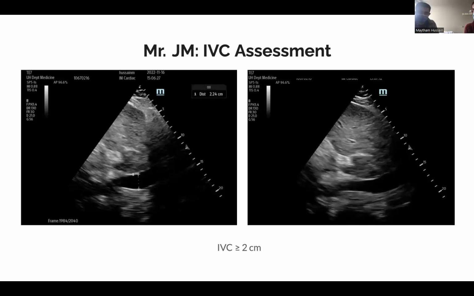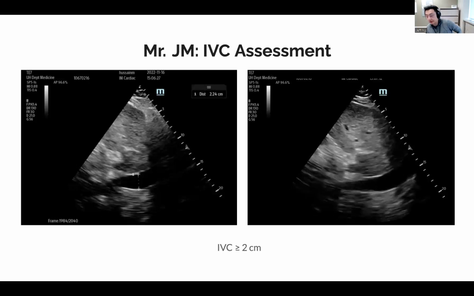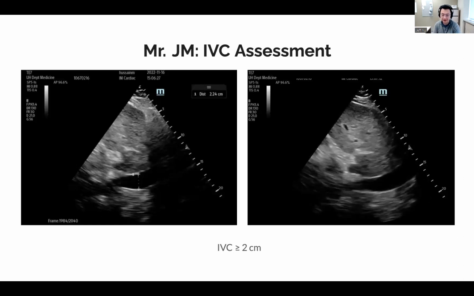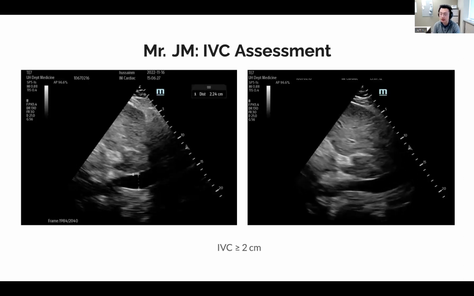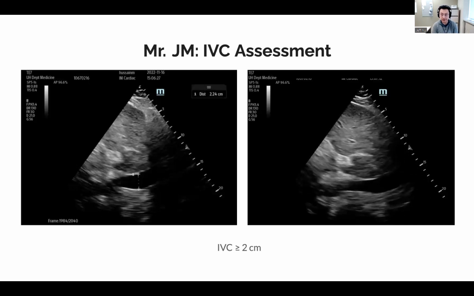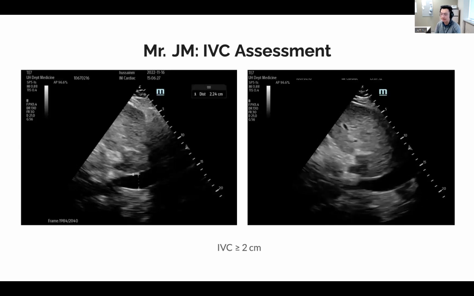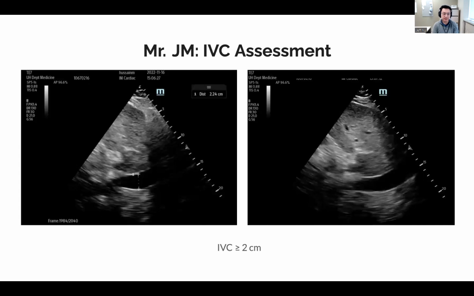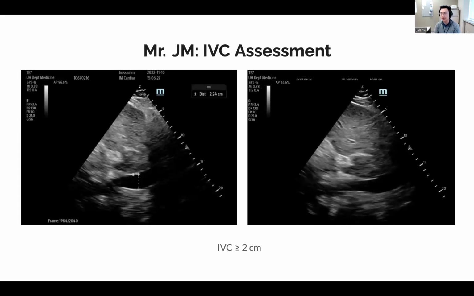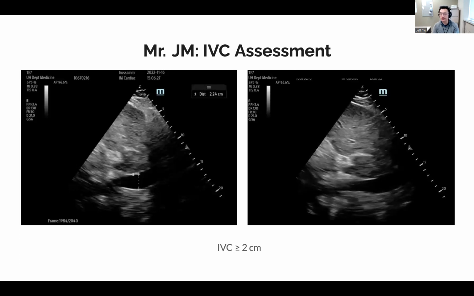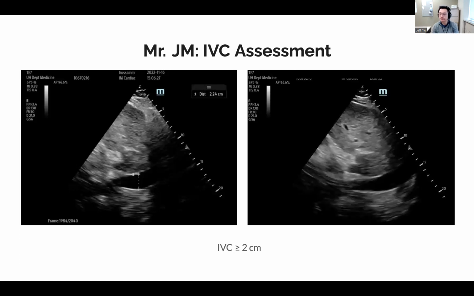Mm-hmm. Yeah. On the point of improving the Doppler flow with diuresis, I think that's also a very excellent use of the VExUS scan. Sometimes with ongoing congestion and diuresis, even if there is clinical improvement, it's sometimes hard to know where the endpoint would be for your diuresis, and potentially, although not validated or extensively studied just yet, using VExUS as an endpoint for your diuresis could be a possibility.